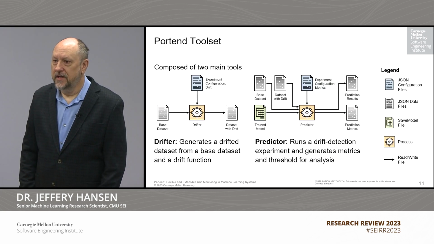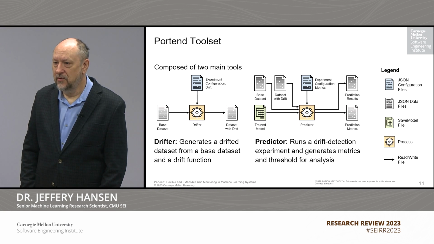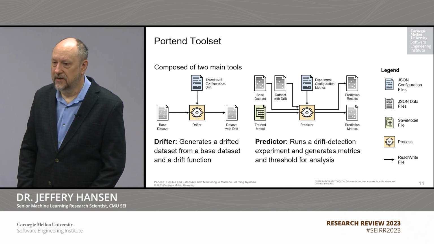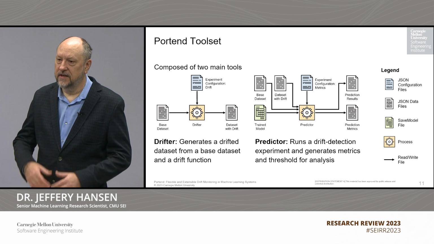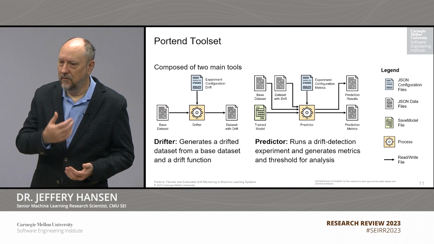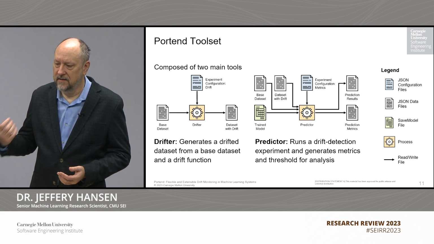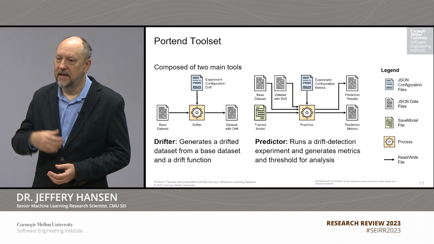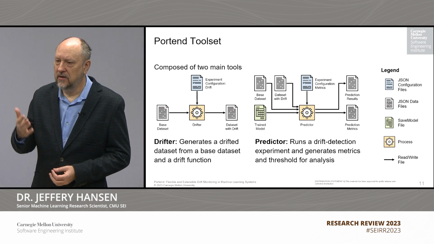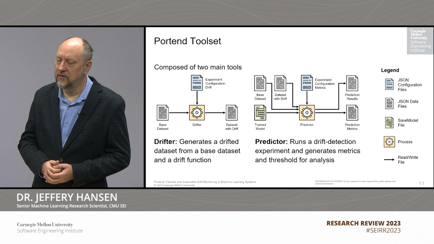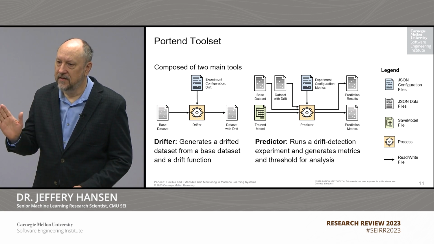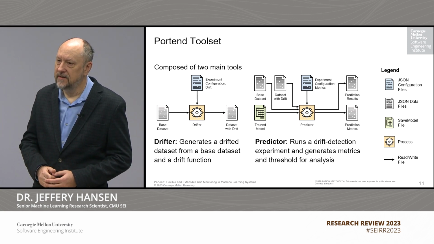So the Portend toolset is composed of two main tools: the drifter and the predictor. The drifter takes a base data set, whether it's image, text, audio, whatever. It takes an experimental configuration over what types of drift we would like to induce in it, and it generates a data set with drift.